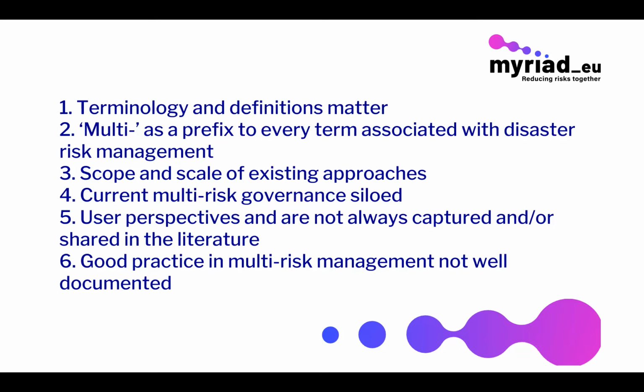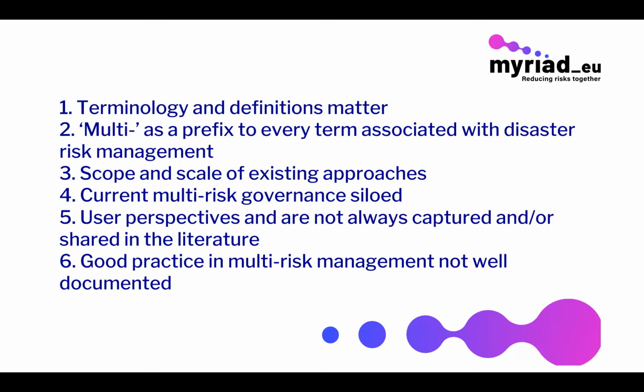And also, whilst there's some studies looking at the past, using historic conditions, we see very few forward-looking multi-hazard, multi-risk studies. We found, I think we know it, but we confirmed that the current multi-risk governance or risk governance field is rather siloed, right? So there's little interaction between different kinds of governance actors, and that can be a hindrance to really managing risk.